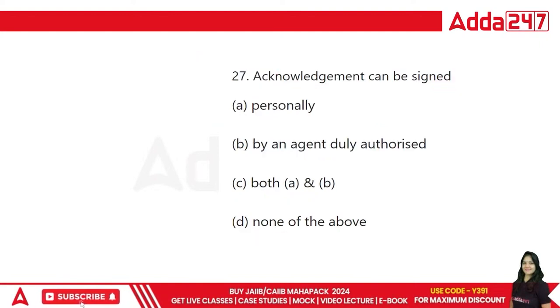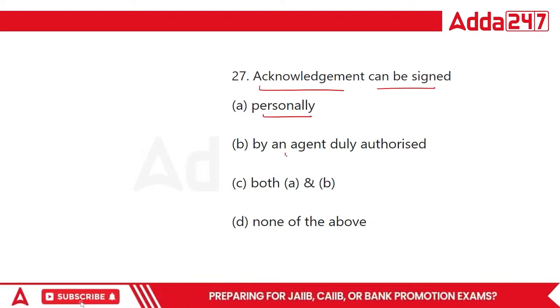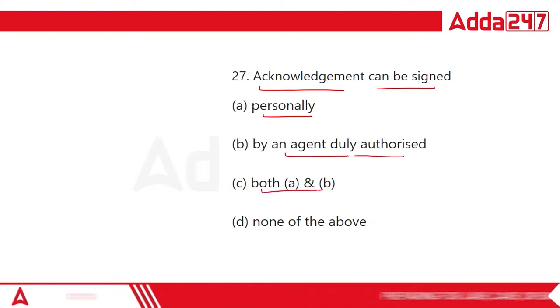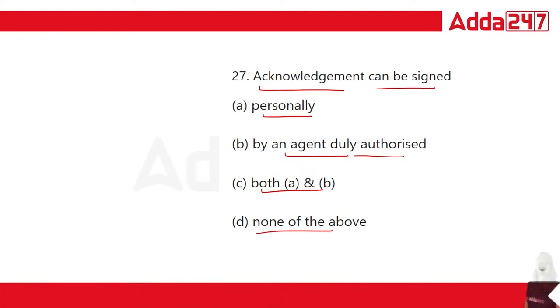Next, acknowledgement was signed personally or by an agent duly authorized, both A and B, or none of the above. What is the right answer?